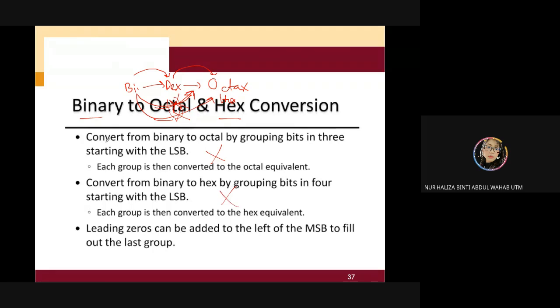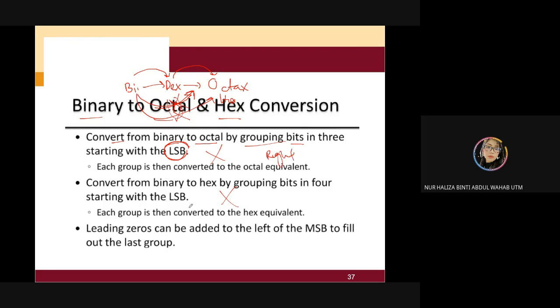What you need to do is convert binary to octal, and how you're going to do that is by grouping the bits in 3 starting with the LSB. Now you know that the LSB is on the right side of your number.